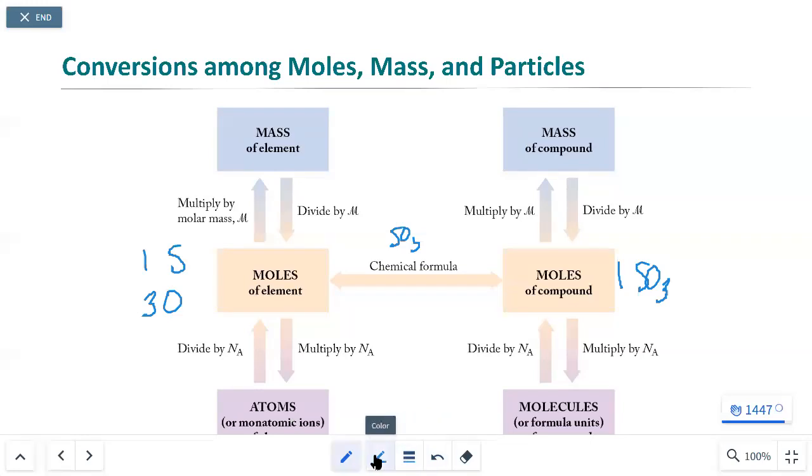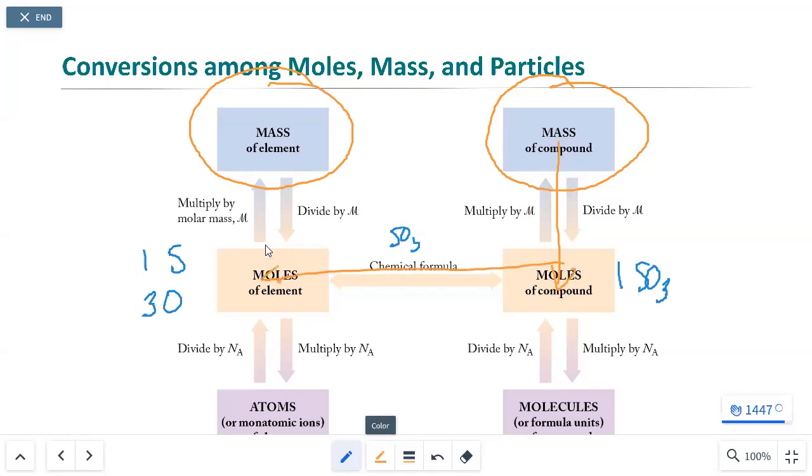Depending upon where you start and where you want to end, you can find the appropriate path that leads you there. Following the arrows, you know which calculations you need to do, what things you need to put in that unit conversion.